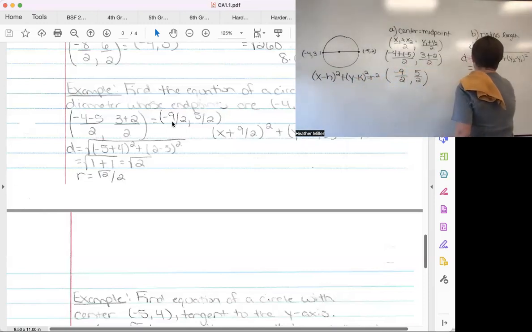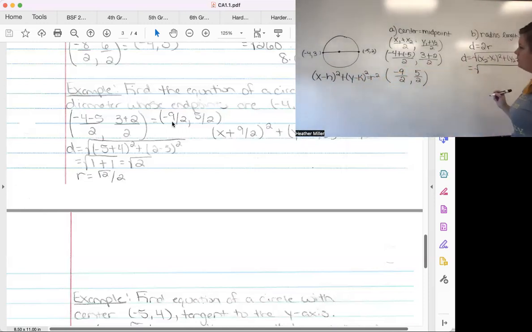So distance: x2 minus x1, which is -5 minus -4, so that becomes positive, plus y2, which is 2, minus y1, which is 3, which becomes positive.